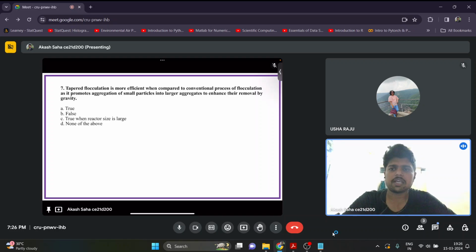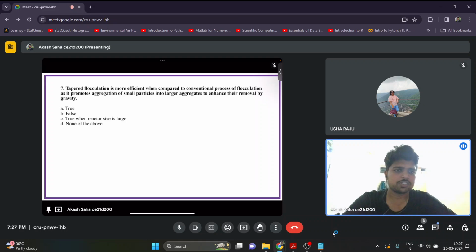So what actually happens is, in the case of conventional process of flocculation, the G value will be the same. So we govern the flocculation in terms of the value of G, that is the velocity gradient.